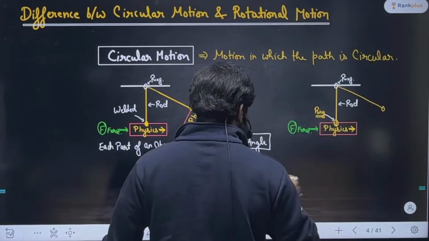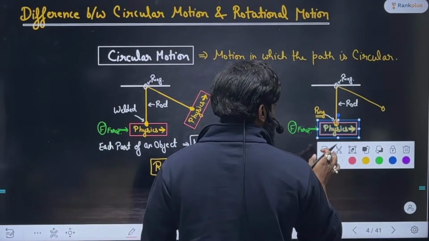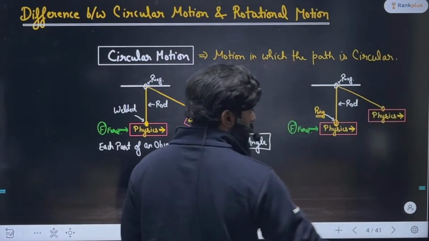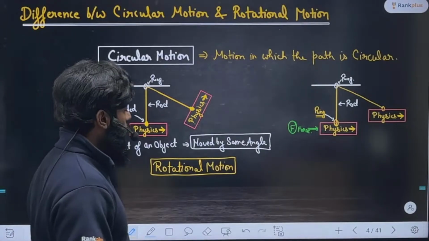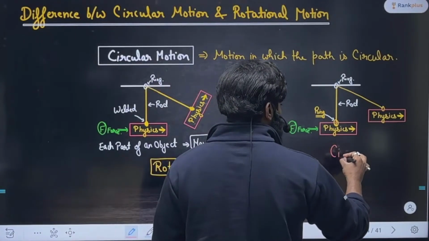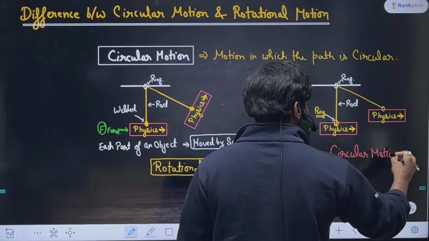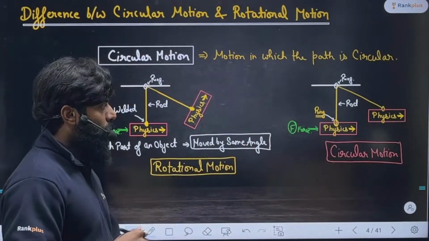This board will not change its shape. It will remain horizontal to the surface. This is basically a circular motion, but not rotational. This is an example of circular motion, but not rotational motion.